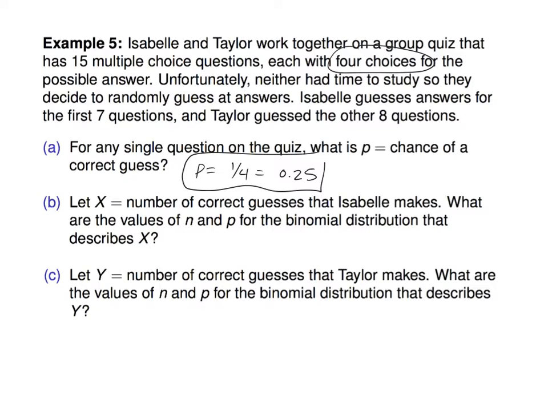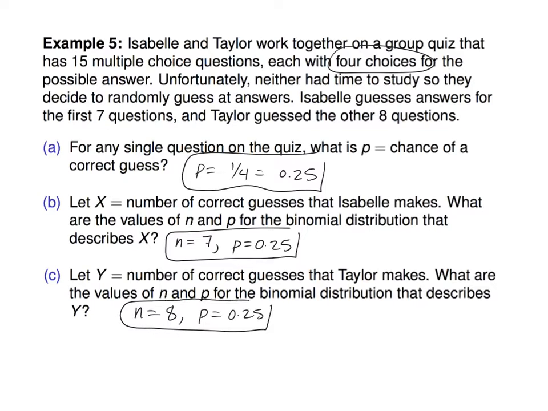So it's a binomial random variable. What is N in Isabel's case? 7. And what is P in her case? 0.25. How about Taylor? What's N for this person? 8. And P is still 0.25.